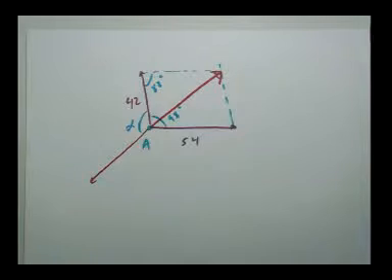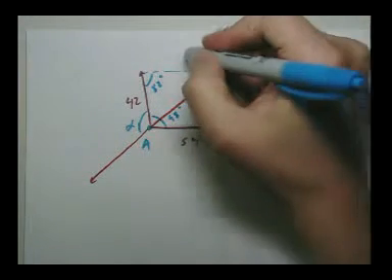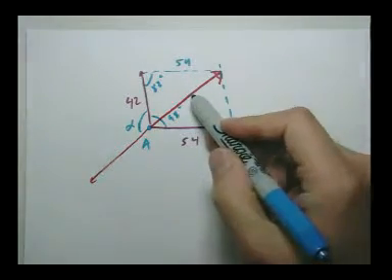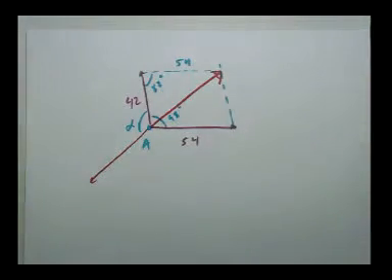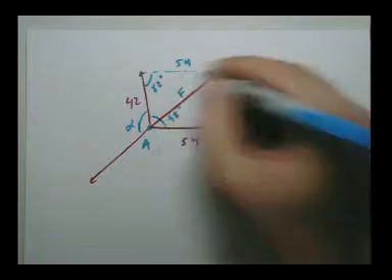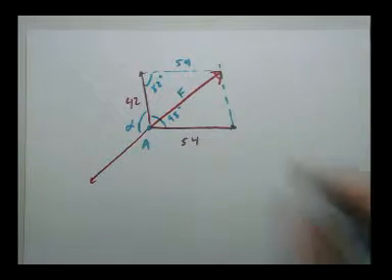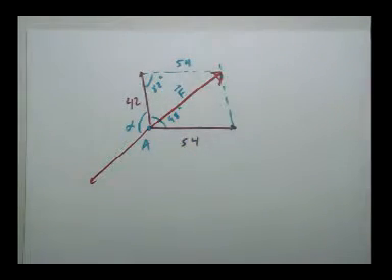Okay. So what is the law of cosines going to look like to find this force? We'll call it F. It's a vector.